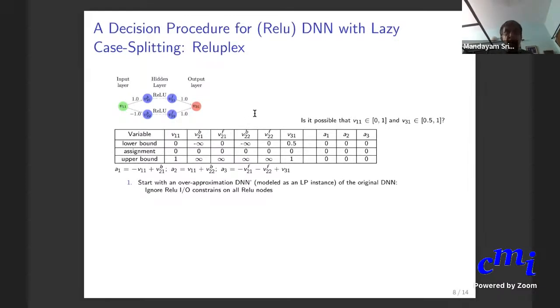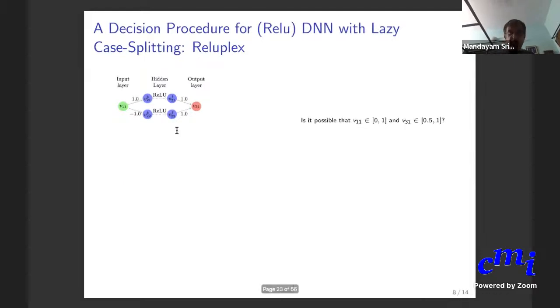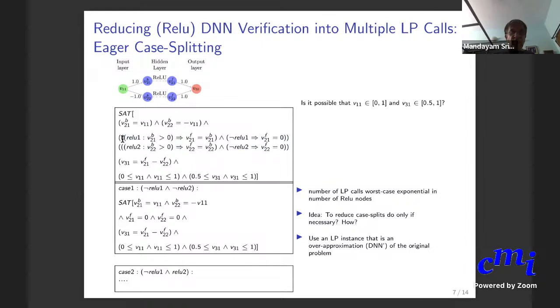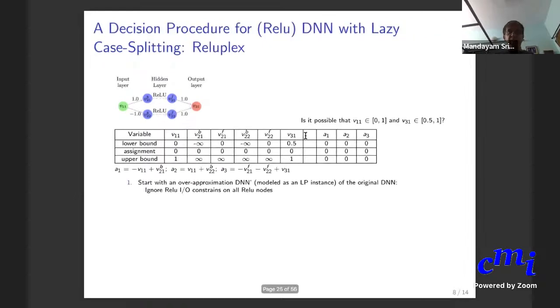So I'm expressing this without the ReLU constraint as an LP instance in the tabular format that we used. Let me take you through this.